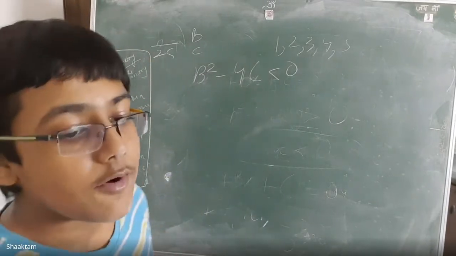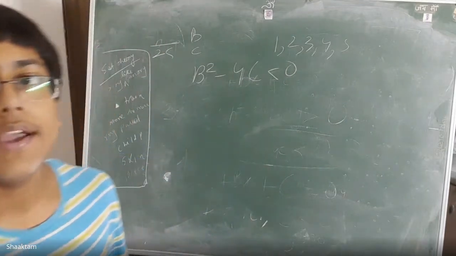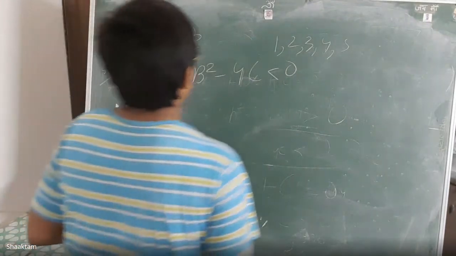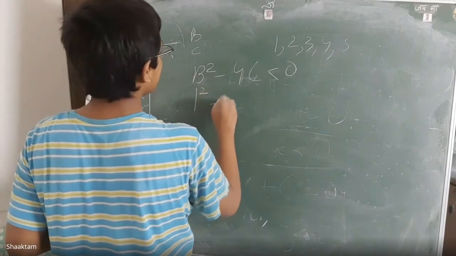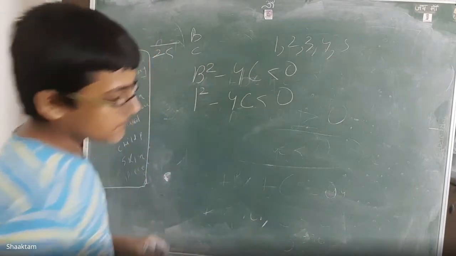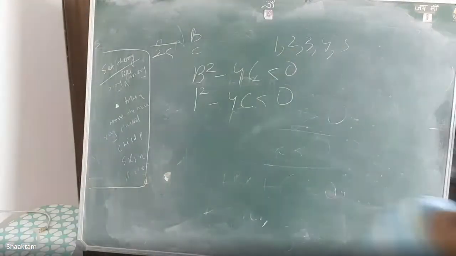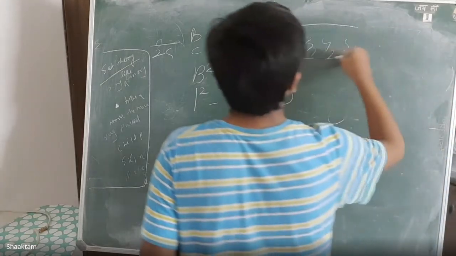So let's take different values of B and then see what we are getting. Let's take first 1. 1 square minus 4 into some C has to be negative, and the catch is that you have to select C from 1 to 5.